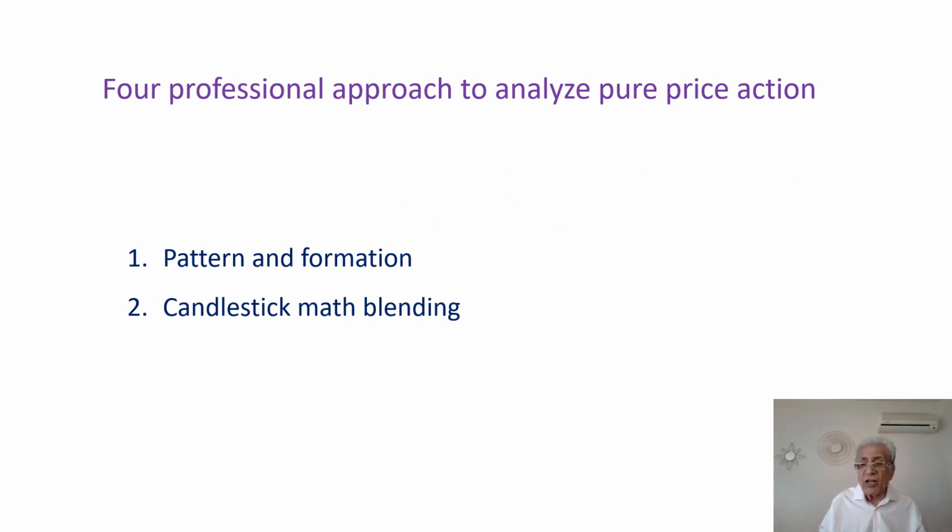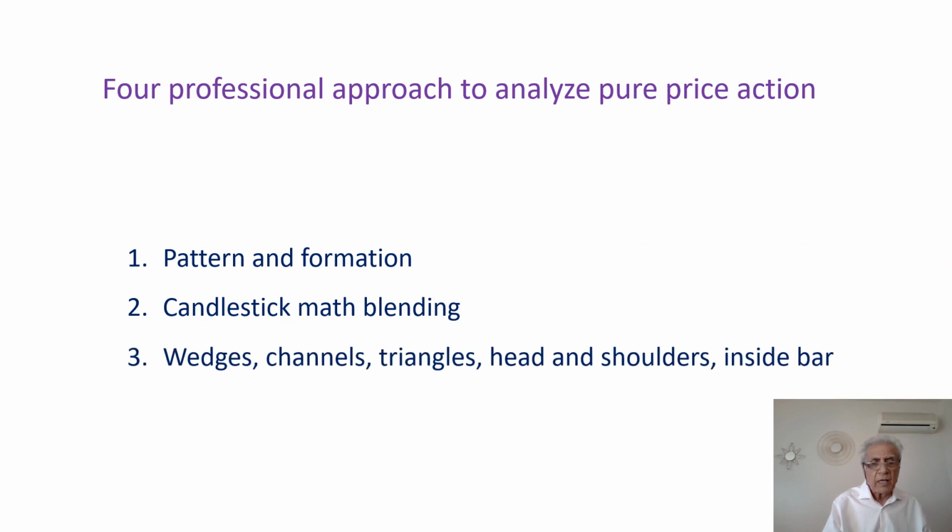Candlestick blending is another way to find your entry trigger using price action. Wedges, channels, triangles, head and shoulders, inside bars, and so much more can be used to find your entry using price action.